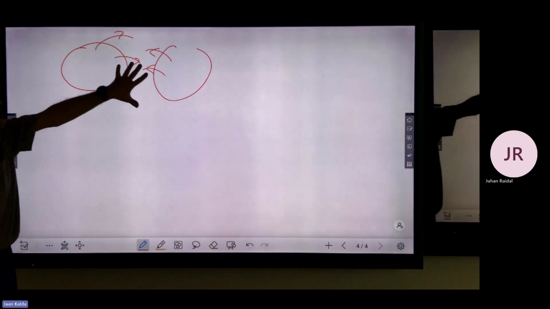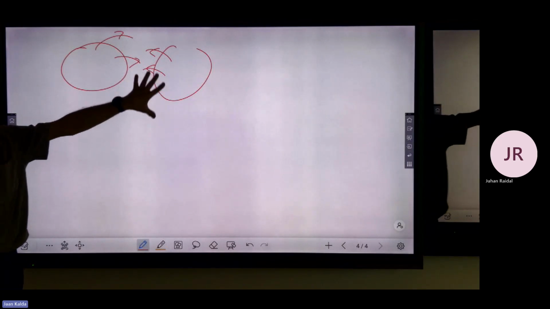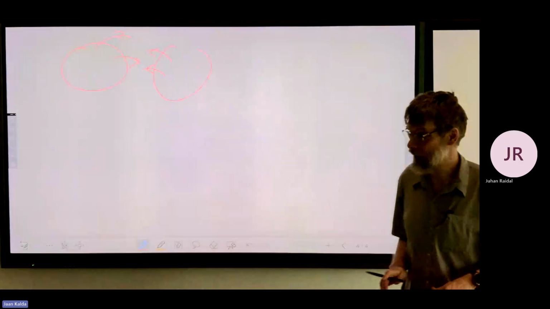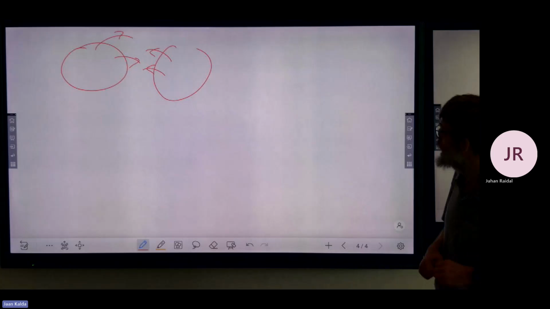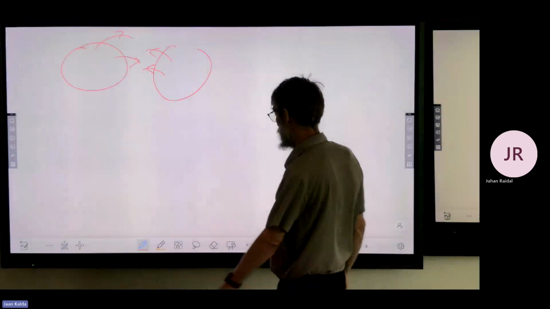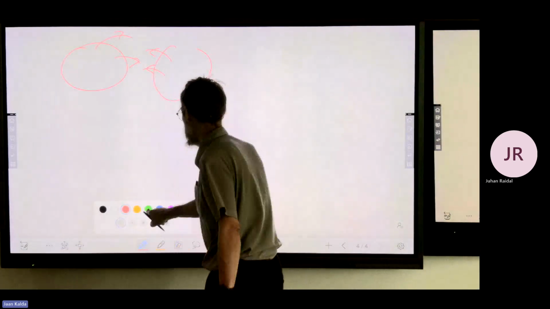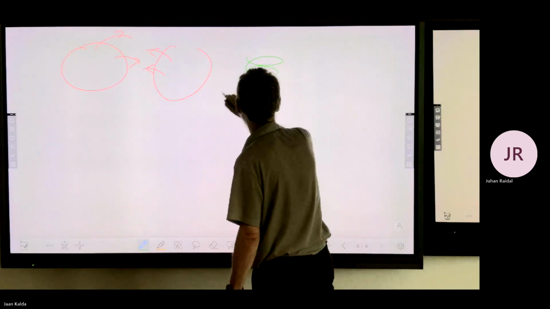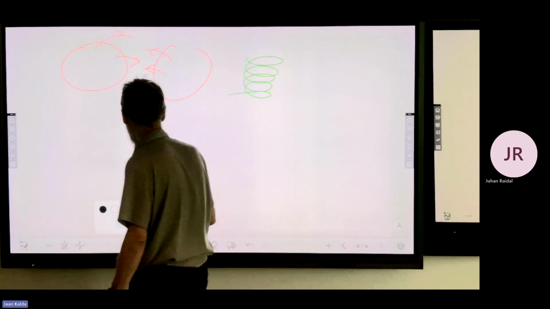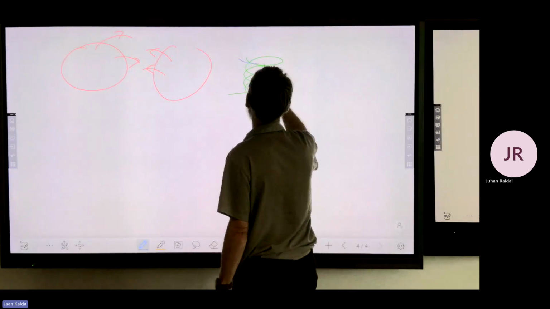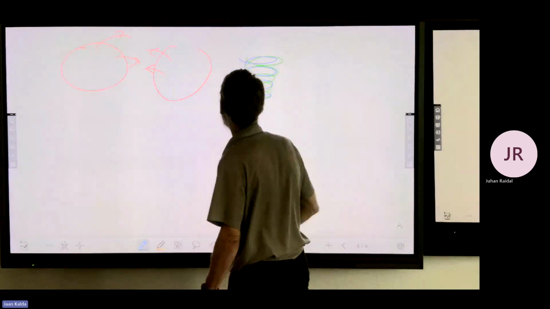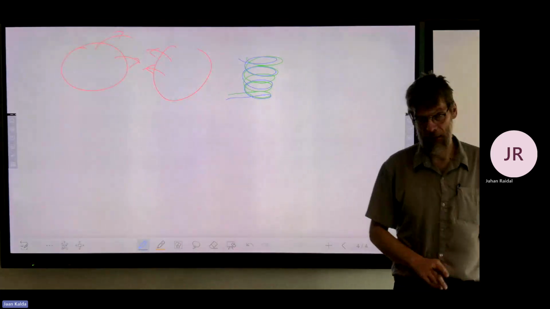So it means that field lines must coincide. The field lines of one coil must be exactly the same as those of the other coil, which means that this drawing is not good. One option is like that. We have one coil, and here we have another coil that repeats exactly. Maybe the density of loops is a little different, but the shape is repeated.